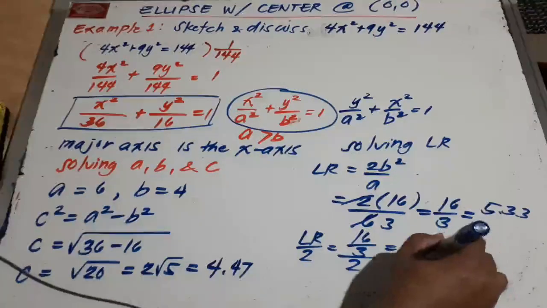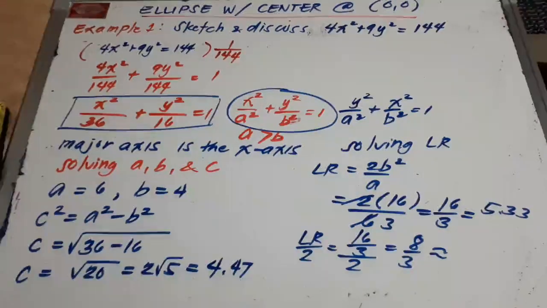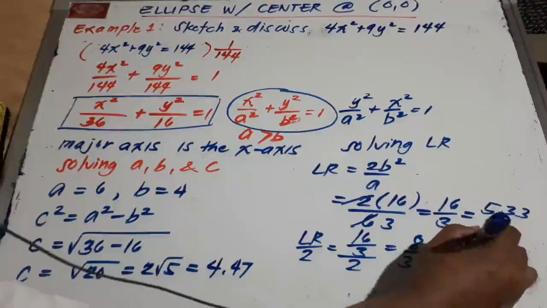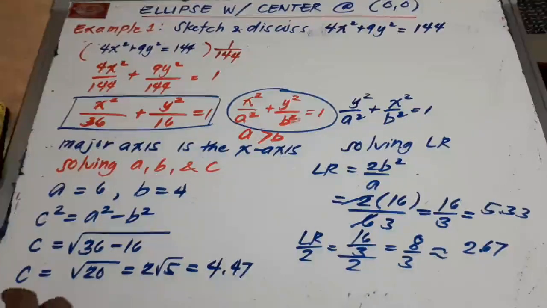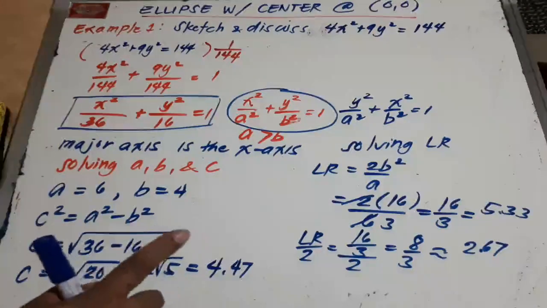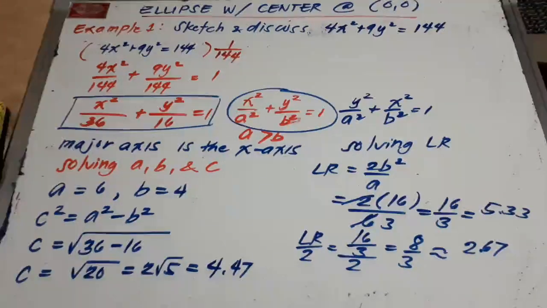And that is equal to 8 over 3 in decimal is 2.67. Yung mga kailangan nating values. So we have now the values of A, B, and C, and length of the latus rectum, and half of the length of the latus rectum. We can now determine the location of the important parts of the ellipse, the foci, the vertices, the covertices, and the endpoints of the latera recta, and the equation of the directrices. Okay?